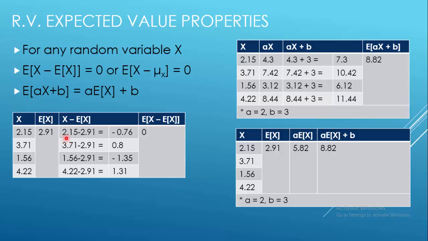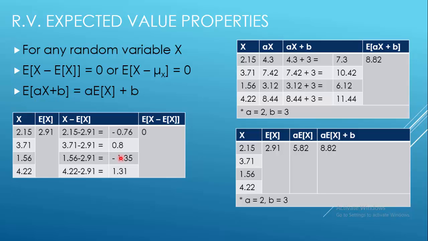Now if we subtract the average from each value of x, we get 2.15 minus 2.91, which is minus 0.76, 3.71 minus 2.91 is equal to 0.8, 1.56 minus 2.91 is equal to minus 1.35, and 4.22 minus 2.91 is equal to 1.31. Now if you add up all these values, it will give you 0, because the positive values balance the negative values.